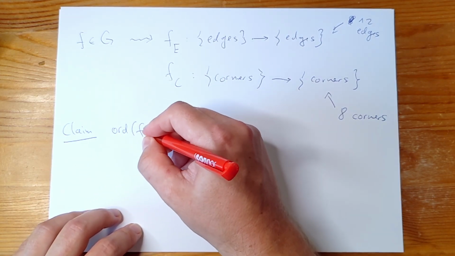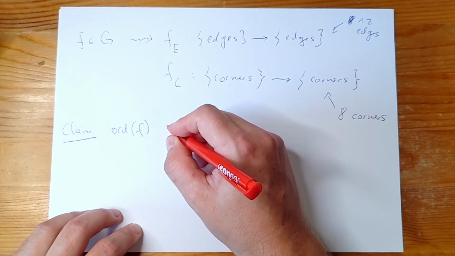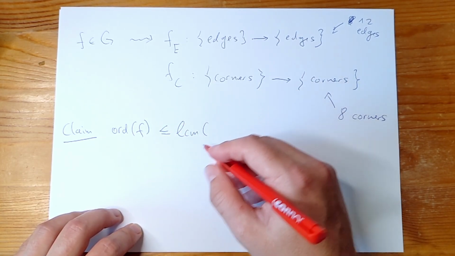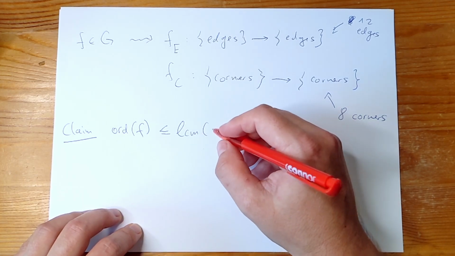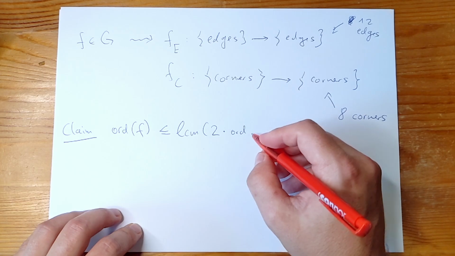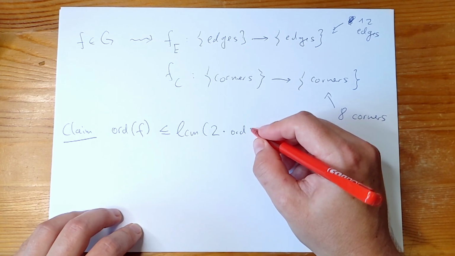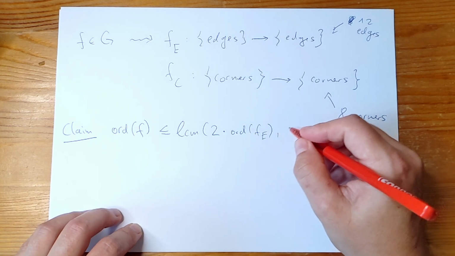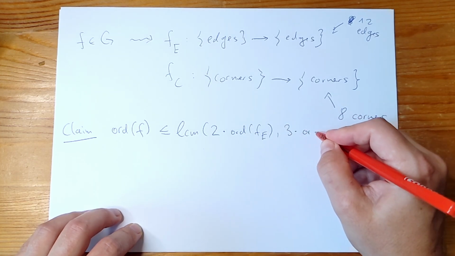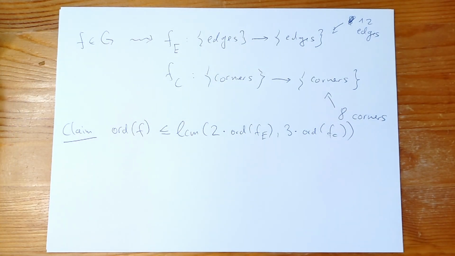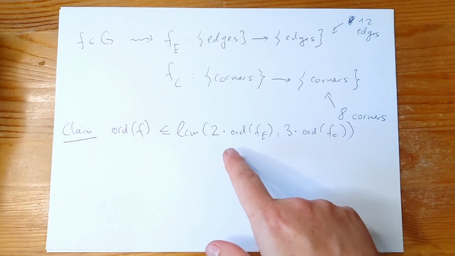The order of f is at most the least common multiple, I will say something about this later, of the order 2 times the order of the edge permutation and 3 times the order of the corner permutation. So why is this the case?